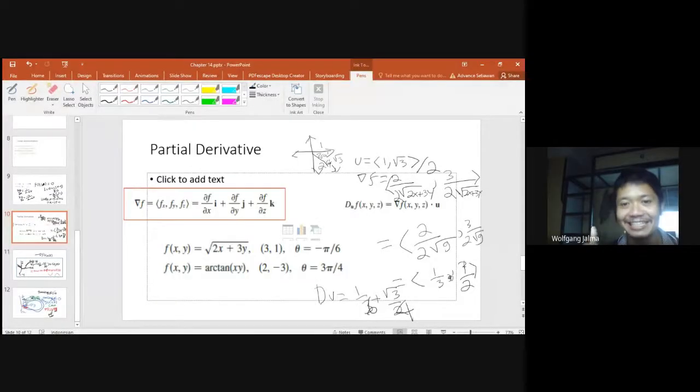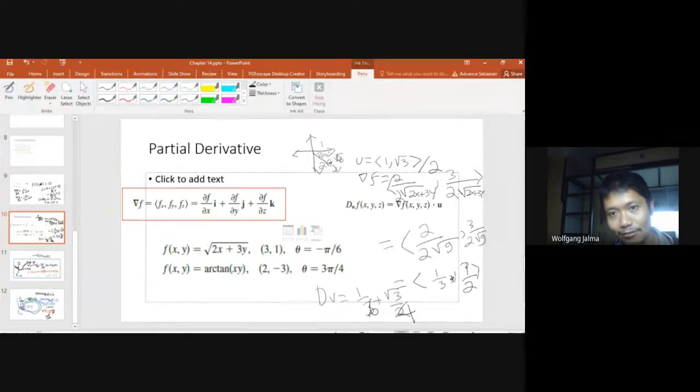How did we get the u? Good, that's the reason I put this exercise. Look at the angle, it is minus pi over 6, so basically minus 30 degrees. So how we get the u is, this is 30 degrees minus, so it is in quadrant 4. The x is 1 and the y is square root of 3.